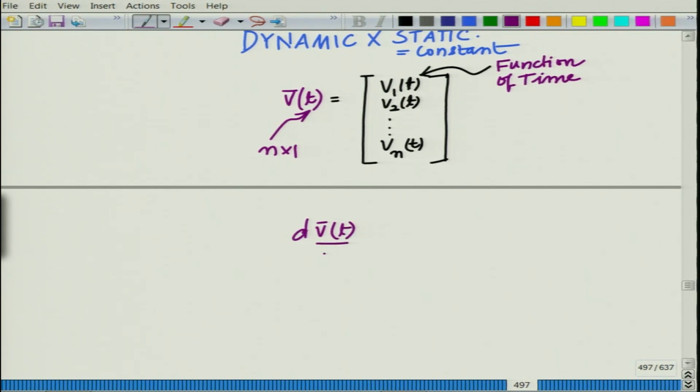Then you can define dv bar dt, that is essentially denoted by v bar dot.